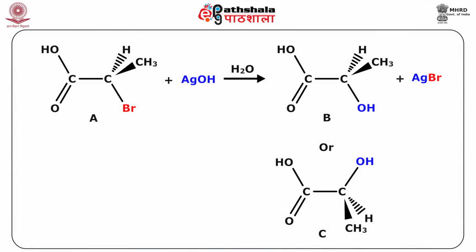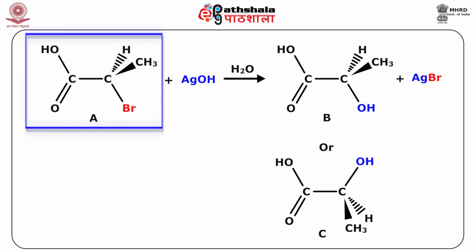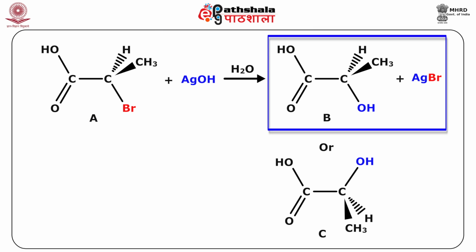The role of the nucleophilic atom in the substrate in the overall reaction is known as neighboring group participation or anchimeric assistance. The net reaction is a nucleophilic substitution in which A is the substrate and B is a substitution product.